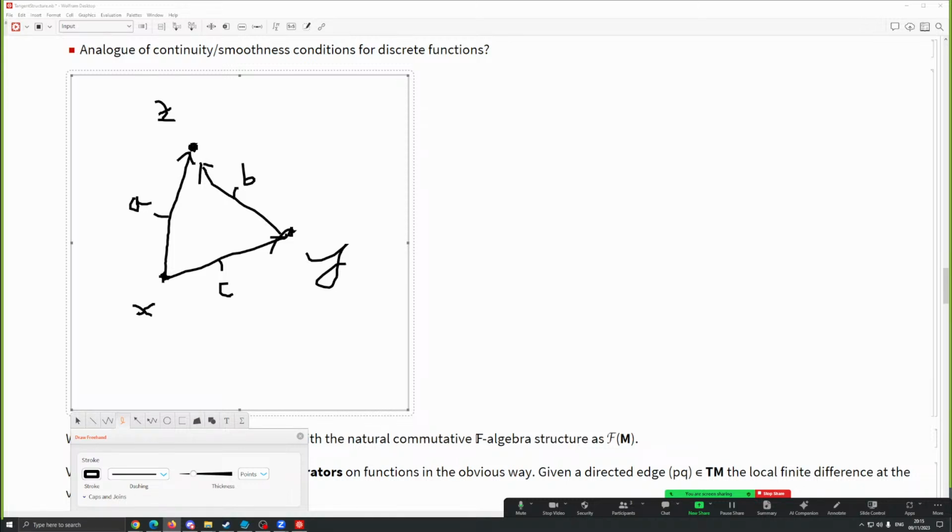Because really, I think it's a bit uncomfortable, the fact that functions don't know about your graphic structure ever in our current definition, but absolutely vector fields do, and everything else does, right? Everything else is dependent on the graphic structure. I think that is very uncomfortable. I don't think that's right.